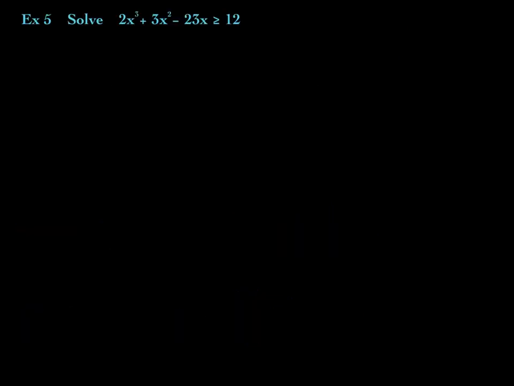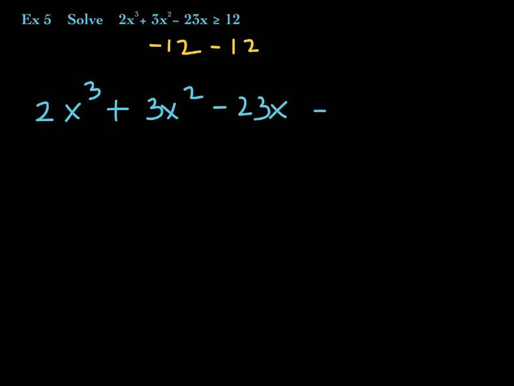All right, next example: 2x cubed plus 3x squared minus 23x greater than or equal to 12. The first thing I think we should do is get a 0 on the right side. So let's subtract 12 from both sides, and that'll give us this inequality: 2x cubed plus 3x squared minus 23x minus 12 is greater than or equal to 0.